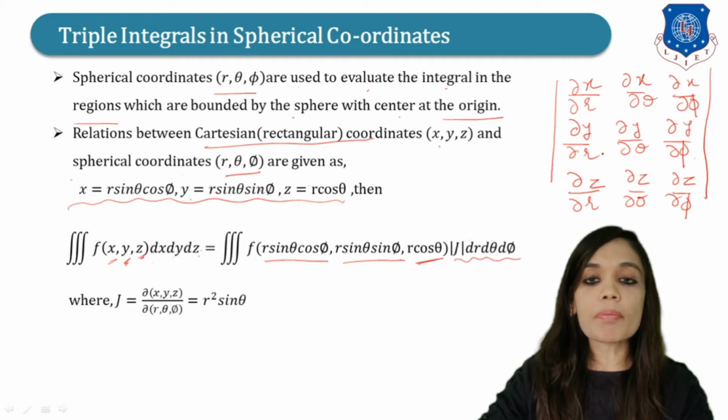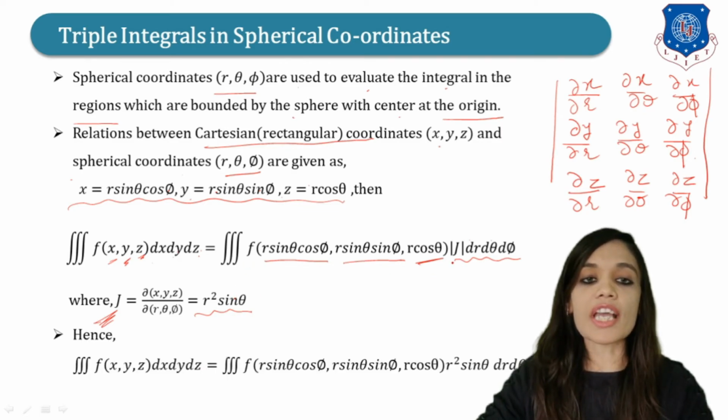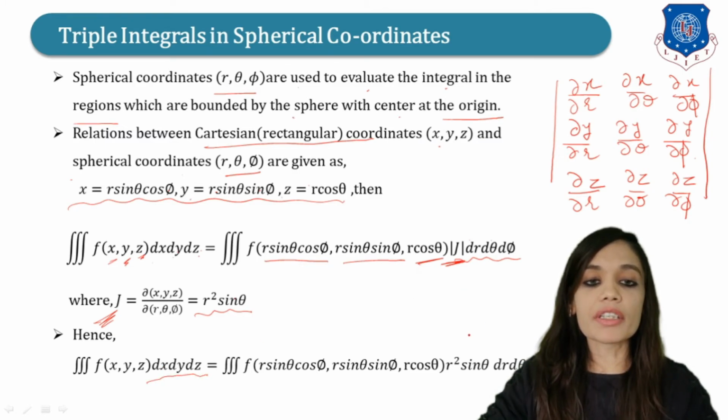Now on finding the partial differentiation and evaluating the determinant, we will get our Jacobian j as what? R square sin theta, right? Now we will put this value in our Jacobian j, right? So our dx, dy, dz will be written as r square sin theta, dr, d theta, d phi. Okay, so this will be the change whenever you convert into spherical coordinates, right?